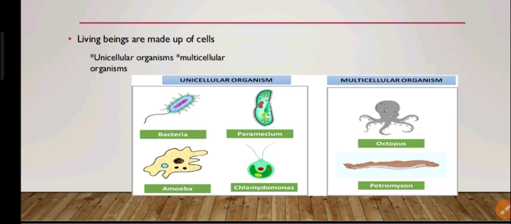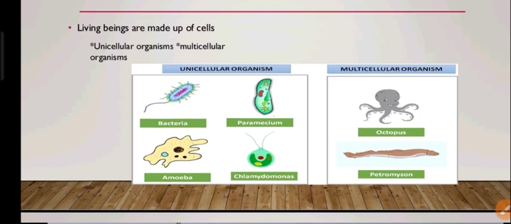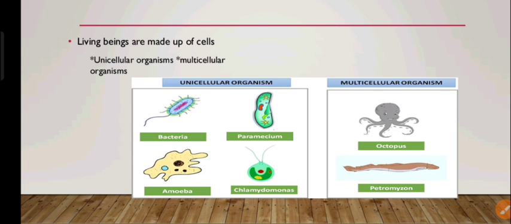The cell is very small, we can't see it with our naked eyes, we have to examine it under a microscope. The cell is responsible for life process activities like metabolism, excretion, digestion, respiration.